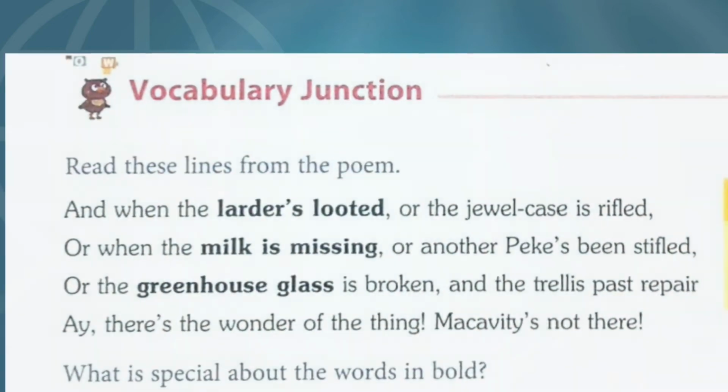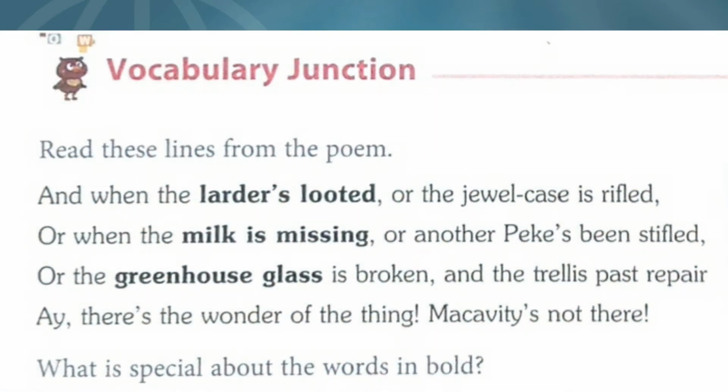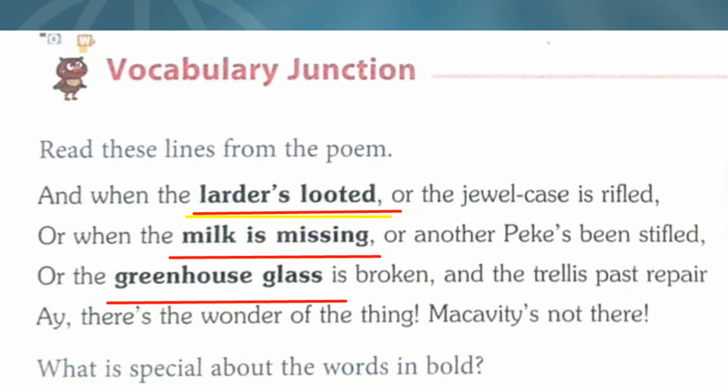We are going to apply what I have taught you now. Look at your vocabulary junction itself. From the poem they have taken some lines. And when the larder is looted, or the jewel case is rifled, or when the milk is missing, or another Peke been stifled, or the greenhouse glass is broken and the trellis past repair.